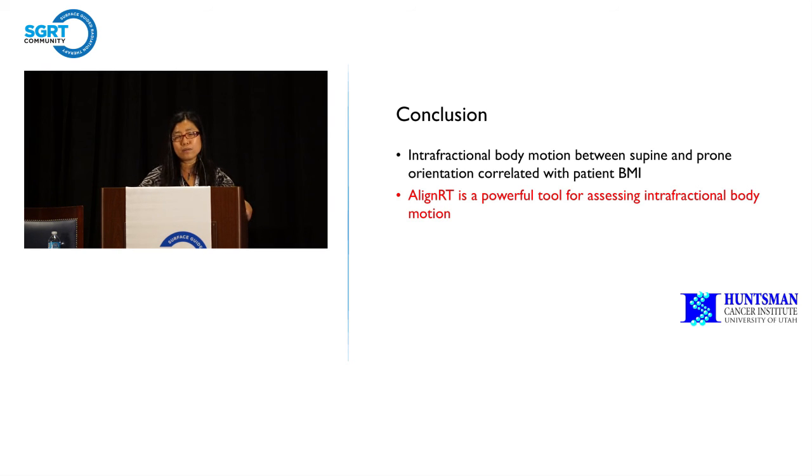We have this tool, so we can do our management before we even go to the CT sim, before we go to the treatment planning process. As a conclusion, AlignRT is a very powerful tool for assessing intrafractional body motion, not just pelvic. It can be any body part, any treatment site.